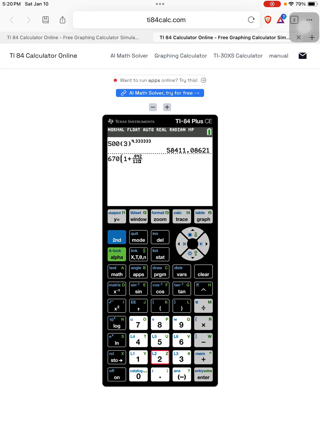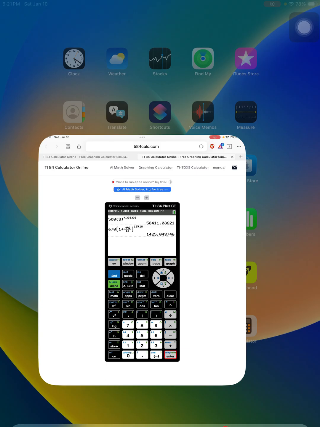Compounded monthly, all right? Parentheses to the power of n times t, right? N is how much is compounded, so 12. And how many years? T, 18 years. Let's see what I get. So I get $1,425.04.